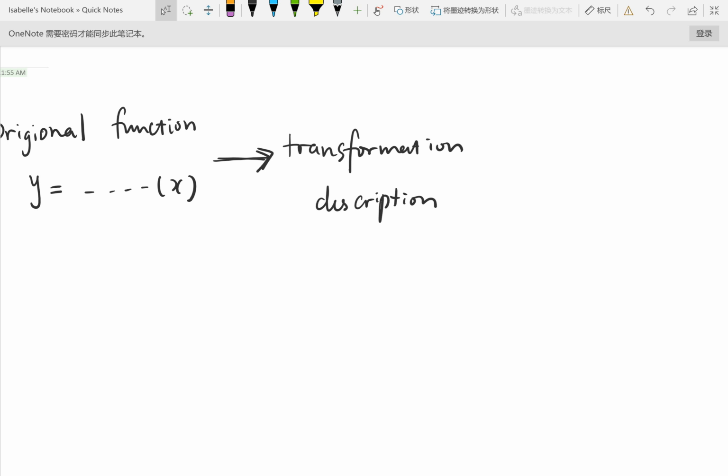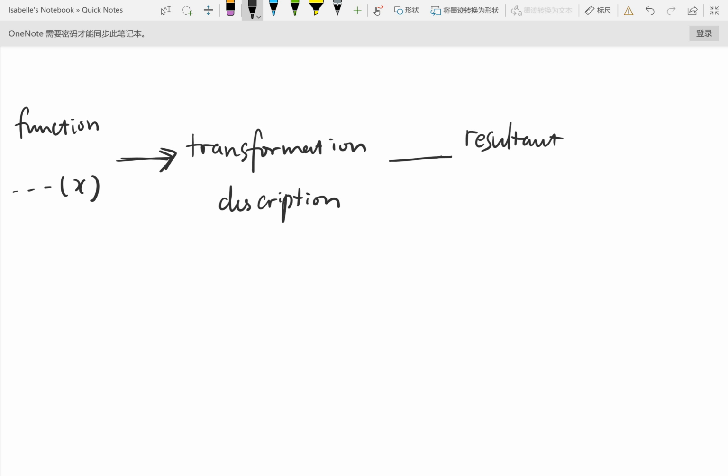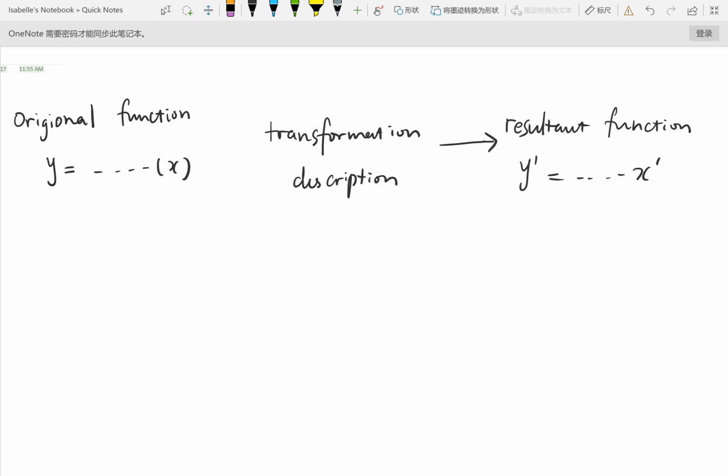After a series of transformations, we end up with our resultant function. So we use y dash and some x dash to represent this. That's the 3 stages. We have some original thing, and after we apply something, we end up with some new thing. To distinguish the first one and second one, we use the dash.